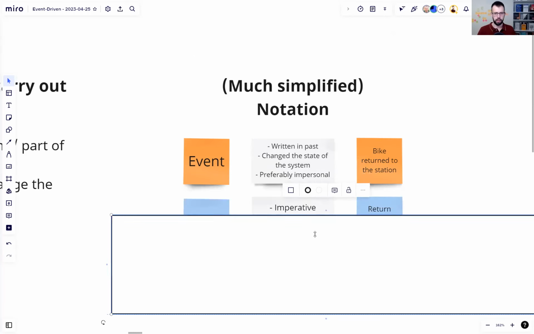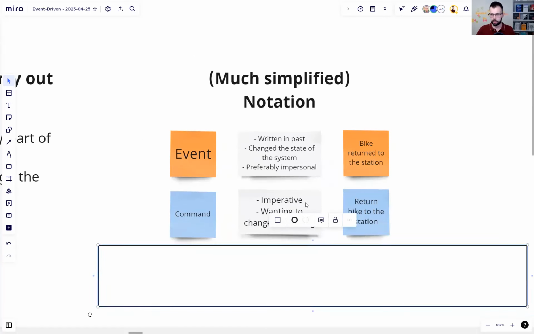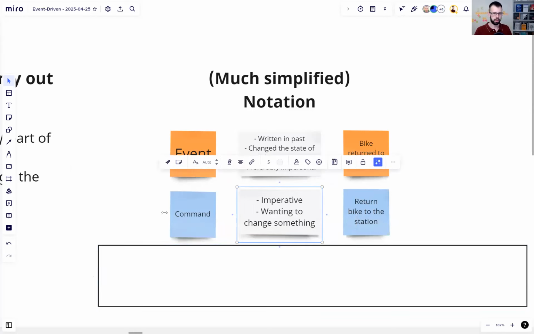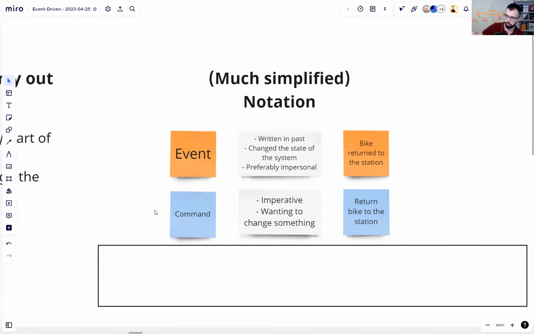Then we have a different type of notation. It's usually colored in blue. It's a command, and we write it in an imperative way, that we want to change something. So, for example, we want to return bike to the station, and then the result of this command is an event.